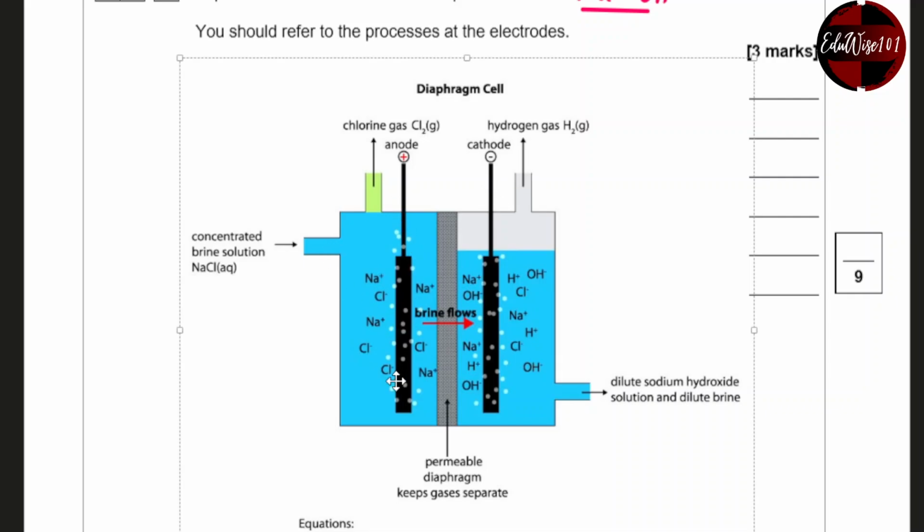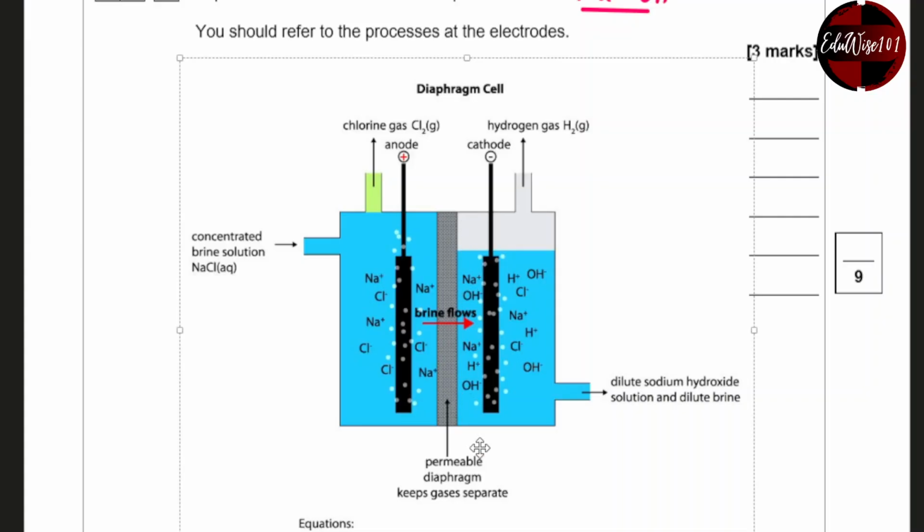Let me rephrase that. The Cl- ions at the anode will form chlorine gas, which is given out here. At the cathode, the negative electrode, H+ ions are going to react together to form hydrogen gas, which leaves the sodium and the hydroxide ion.